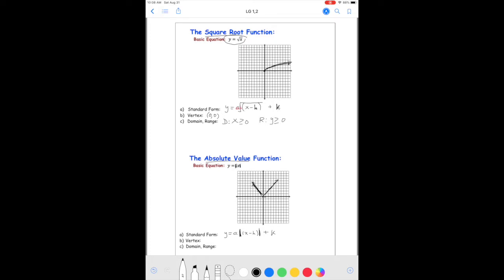Now the vertex, where it starts, is 0, 0. The domain, if you look at it, it's very similar to the quadratic. It's going to be x an element of R, all real numbers. And the range is y greater than or equal to 0.